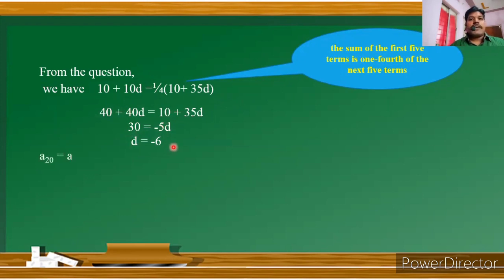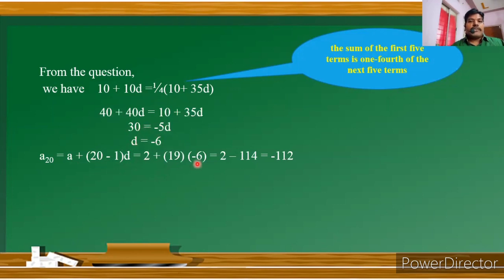So after getting this value, they are asking you to calculate the 20th term. What is the an formula? We already know it: a plus n minus 1 into d. What is the a value? The a value is 2. So 2 plus 20 minus 1, that is 19, into the d value, minus 6.